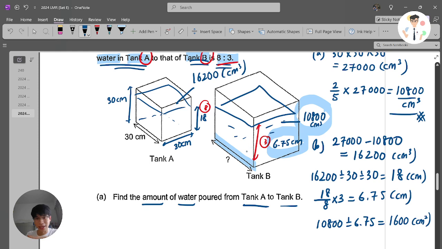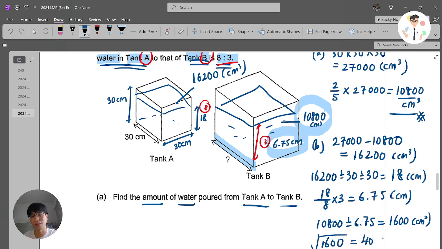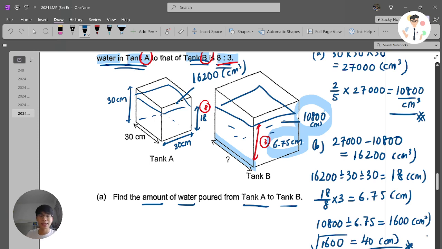That is the base area. If I want to find the length, I know the length and the breadth are the same, so I just do what we call the square root. Square root of 1600 gives me 40 cm on the side. And that would be my final answer. I think it's kind of simple. That is basically what's special about this question.